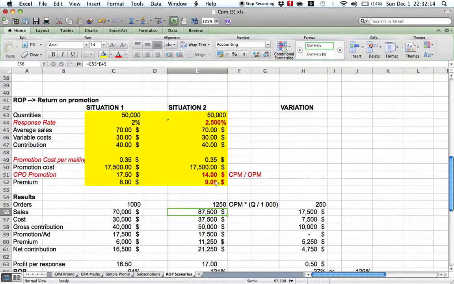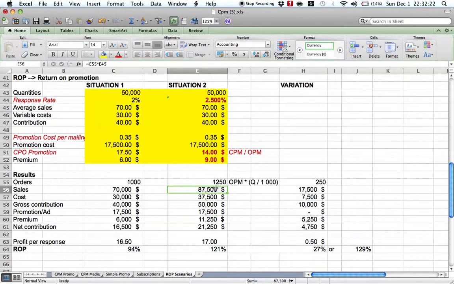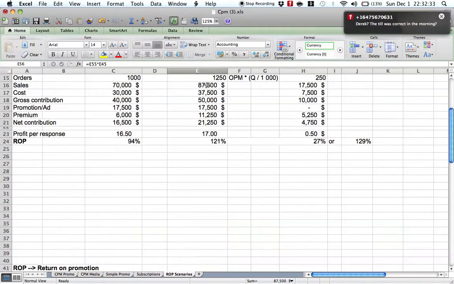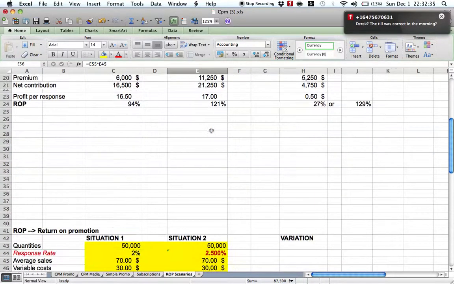So we're just taking the 50,000 people that we tried to communicate with, and the conversion rate of 2.5% to get the amount of qualified leads or orders as a result of that campaign with subject line B. Sales is $87,000. That's the same as up here.